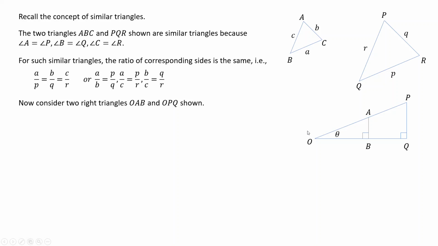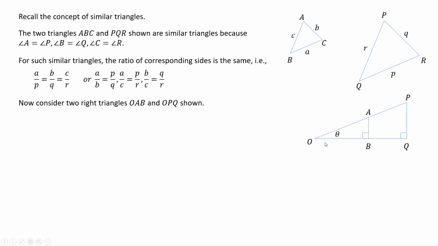What does that mean? Is that something that happens in OAB and OPQ? Let's look. Is there a 90-degree angle here? Yeah, angle B is 90 degrees. Is there a 90-degree angle here? Yeah, angle Q is 90 degrees. Cool. So these two angles are the corresponding angles and they are equal.